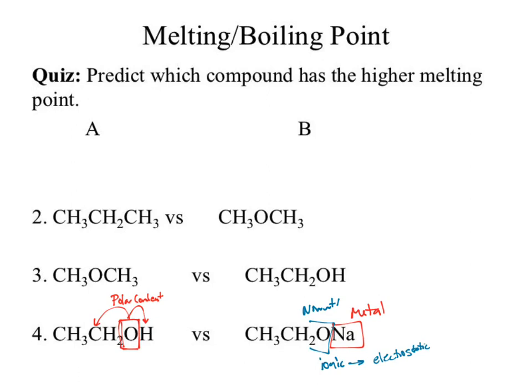At that point, I could immediately stop, because the strongest force coming out of polar covalent would be hydrogen bonding, which is weaker than the electrostatic. I'm already done. I don't have to define what 4A is because it's by definition weaker than 4B. 4B will have the higher melting point.